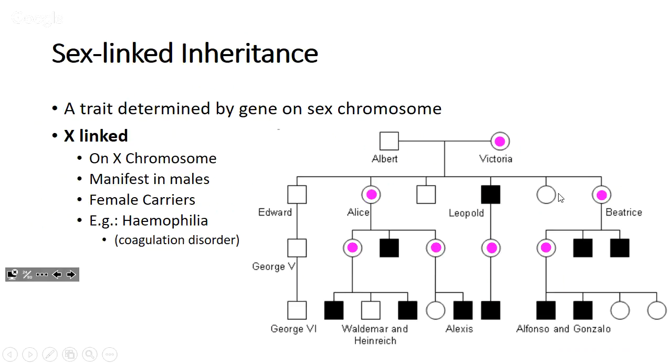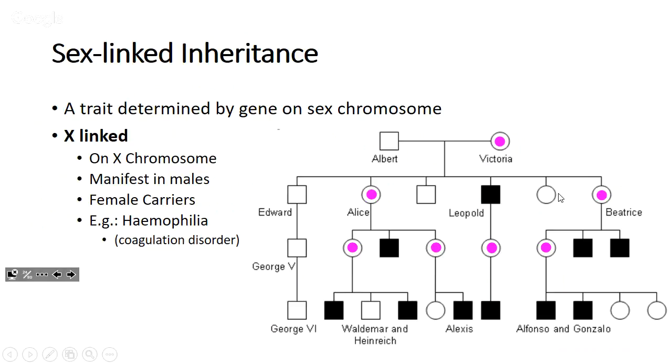If guys only are stuck with one X chromosome, they've only got one opportunity to get the genes on this chromosome correct. They don't have another backup gene lying around that they can rely on. So that is why conditions that are due to mutations on the X chromosome are more likely to manifest in the male.